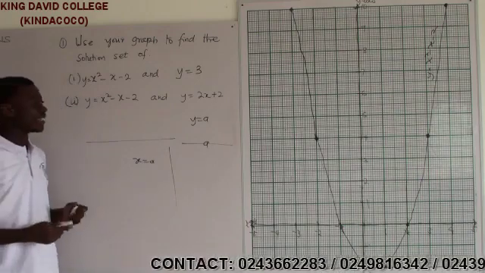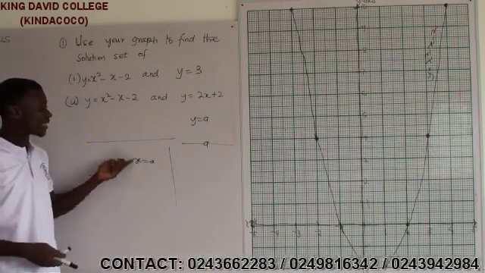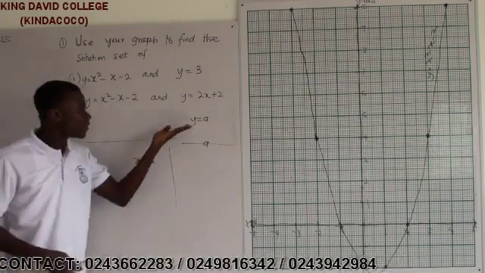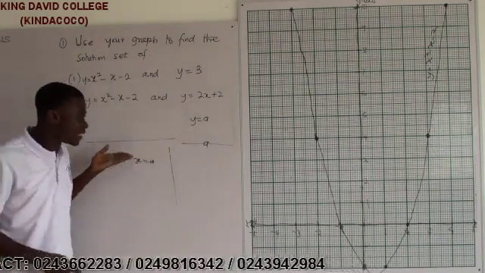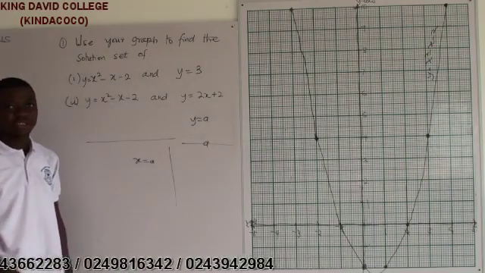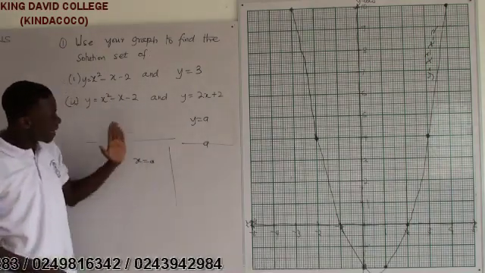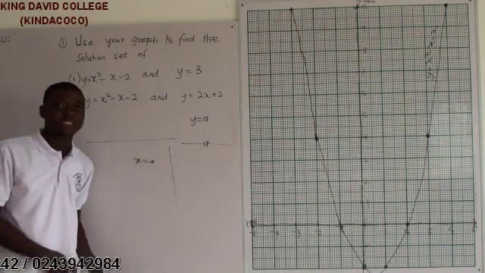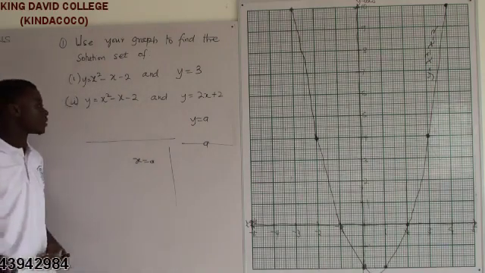Please take note. Don't say x is horizontal. If you are dealing with y is equal to a, it should be a horizontal line, and x is equal to a should be a vertical line. Very good.